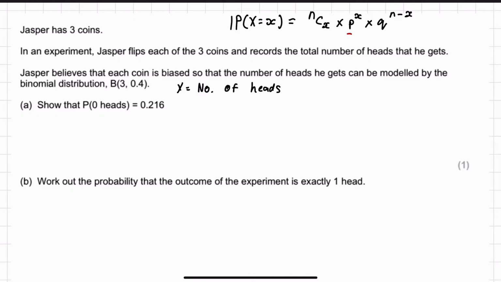Let's not forget, if this is our probability of success, this means our probability of failure q is the same as 1 minus p.